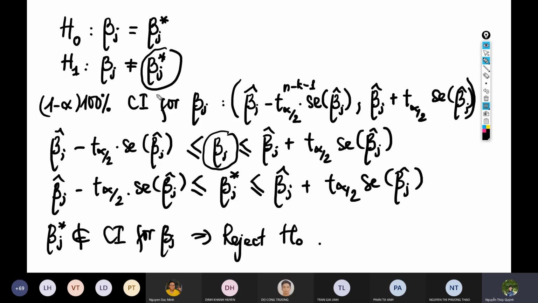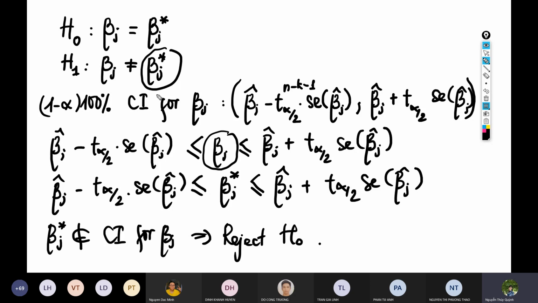That is why we have that decision rule: if the suspect value falls into the confidence interval, you cannot reject the null hypothesis, but if it does not, then you can reject the null hypothesis.